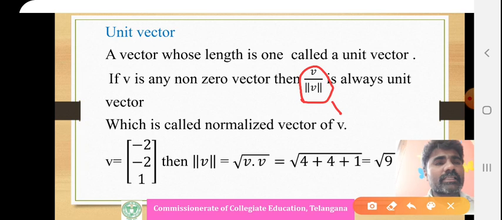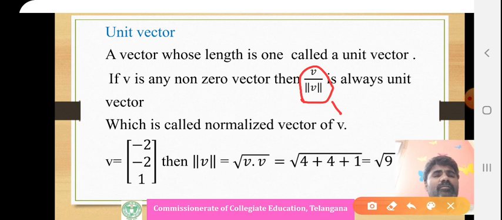We are normalizing the vector. Then its length is 1. If we normalize any vector, then its length should be 1. Like that, we say that v by norm v is the normalized unit vector of v.